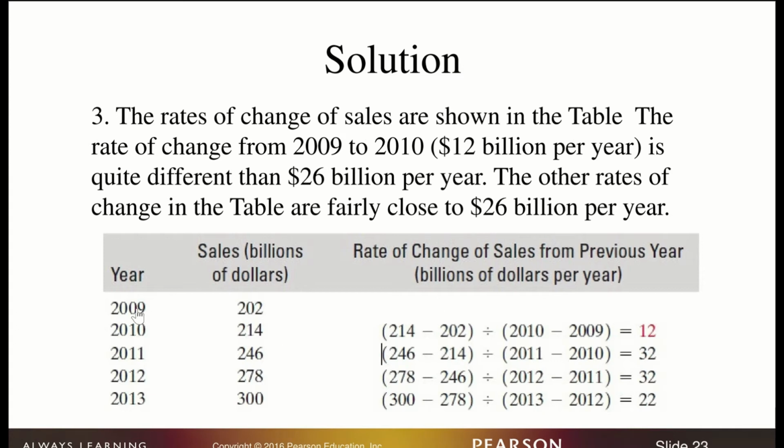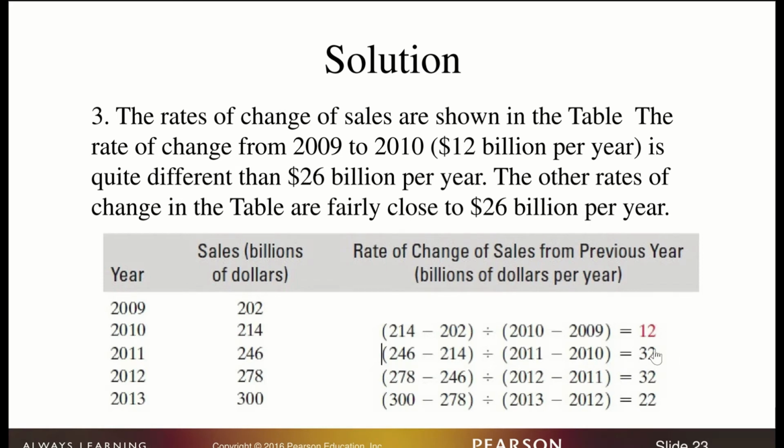All right, next we were going to find the rate of change of sales from one year to the next, right? So we'll have to start here from 2009 to 2010. Remember, you're going to subtract those two, so 214 minus 202, and that'll give us 12. And here from 2010 to 2011, you're going to go 246 minus 214.